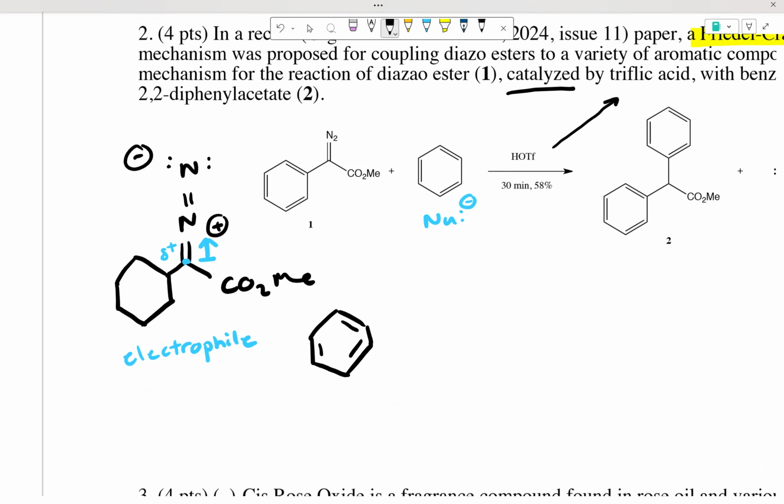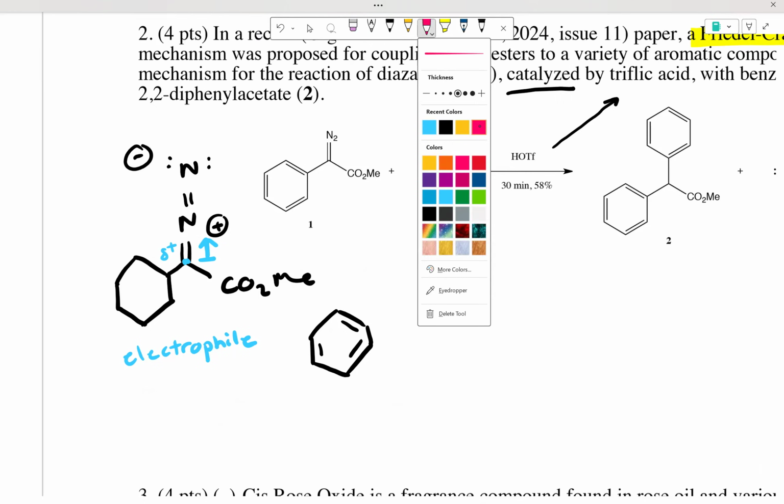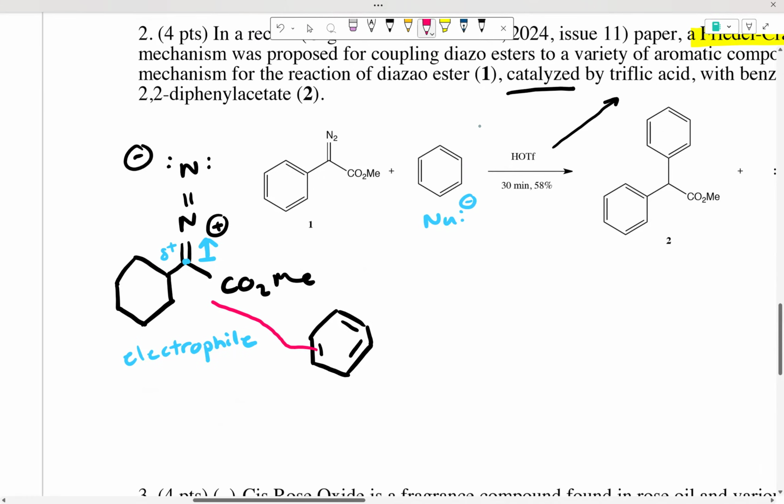Any one of those pi bonds can decide, I'm going to attack this carbon here, because this pi bond has 2 electrons and it's the nucleophile, so it wants to give these electrons off.